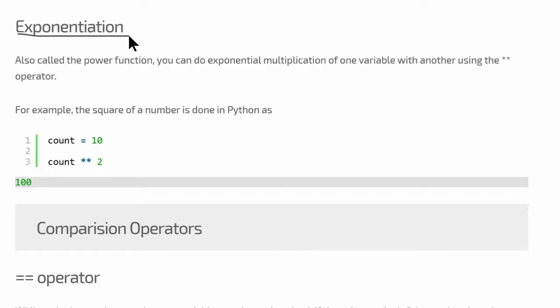So the operator for that is a double star, right? If you want to do 2 squared, 2 double star 2. If you want to do 3 power 3, that's 27. So you say 3 double star 3, so 3 cubed, right? So that's called the exponentiation operation.